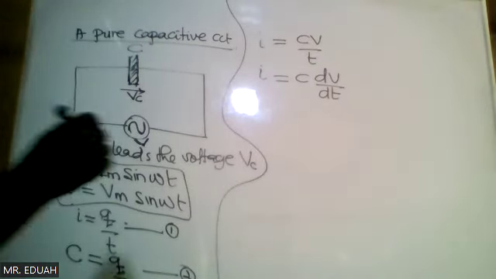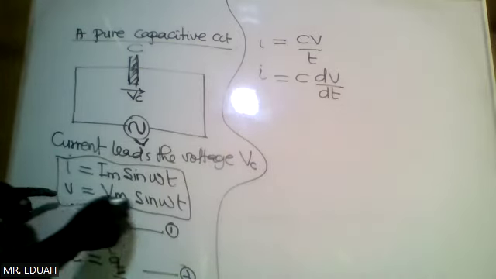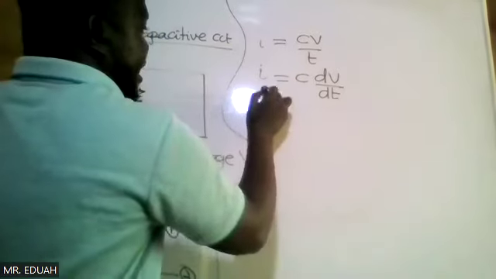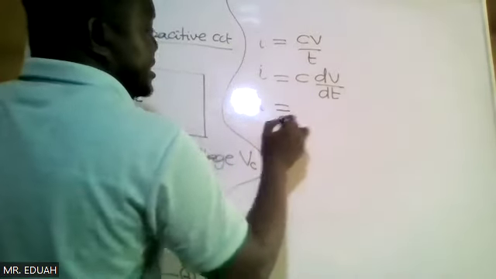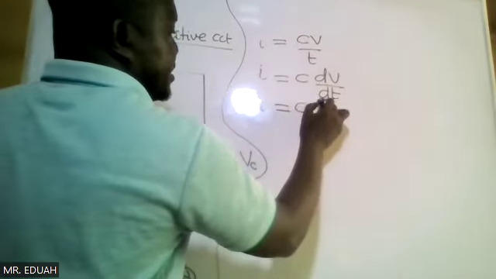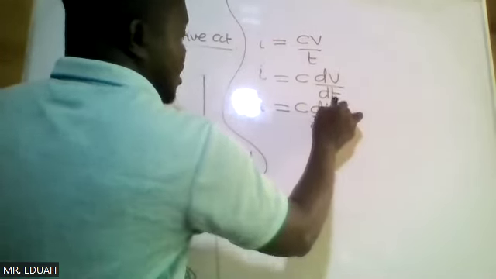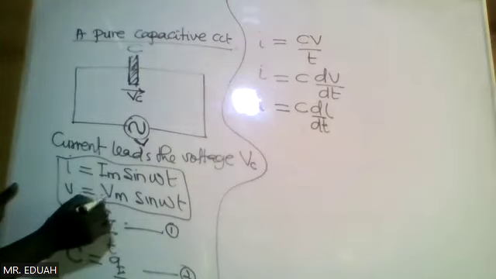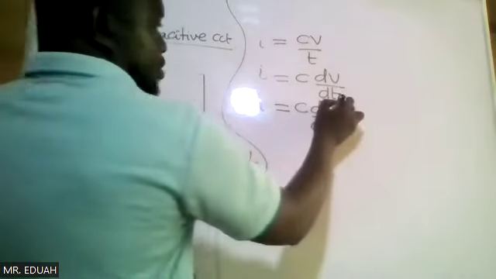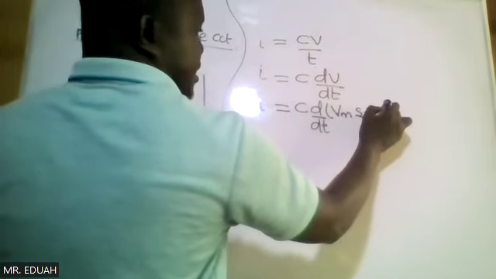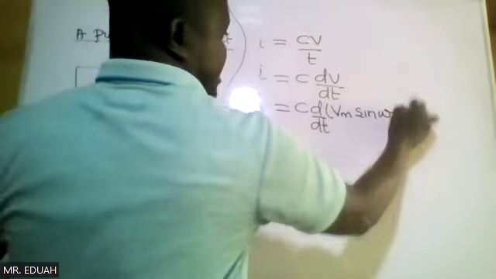Now, what is the voltage? The instantaneous voltage within is this. So we have I is equal to C dV over dt. What is V? V is this, the instantaneous voltage, Vm sine omega t.